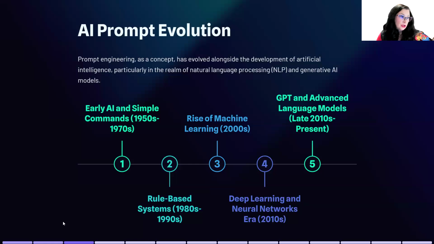Machine learning began in the 2000s. Now we have deep learning and neural networks, which is about 2010, and now we're at the advanced language models, or the GPTs. So prompt evolution is not a new thing, and it has evolved over time as the systems that use it have also evolved.